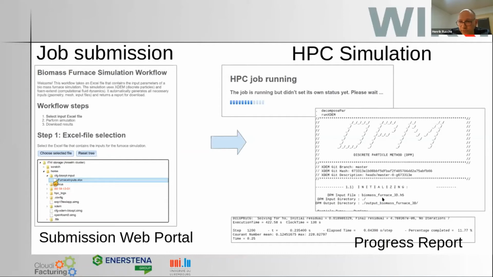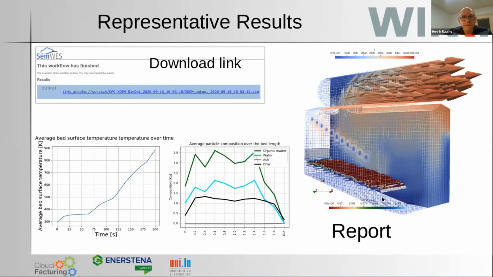The code is run, you get the progress report, nothing too spectacular. In the end, you get a download link with the report, and the report will contain the numbers and some graphs and pictures that help you to understand what is going on in your biomass furnace.